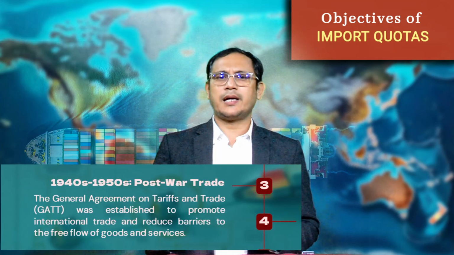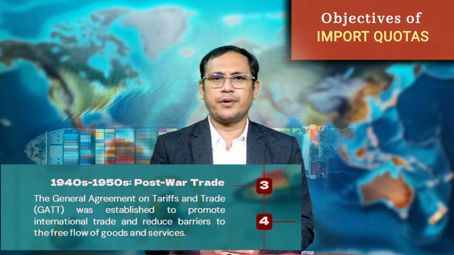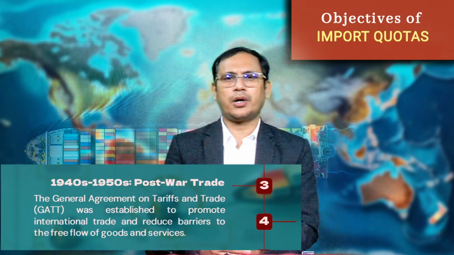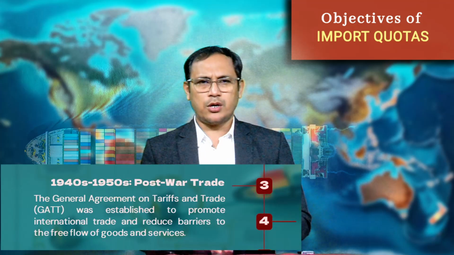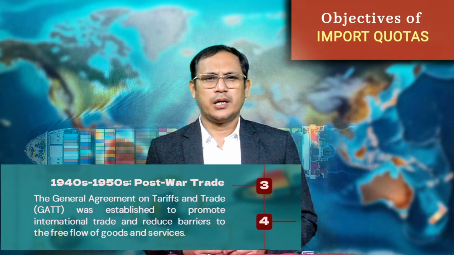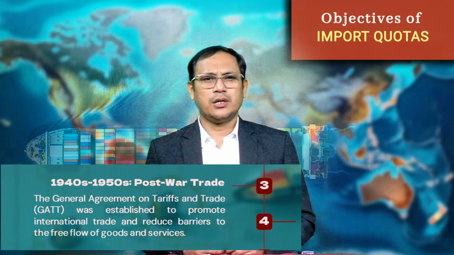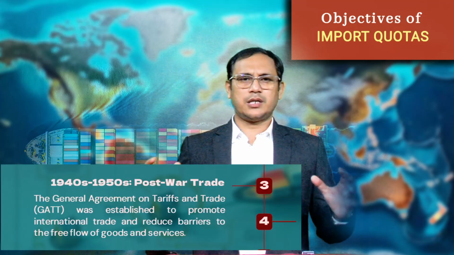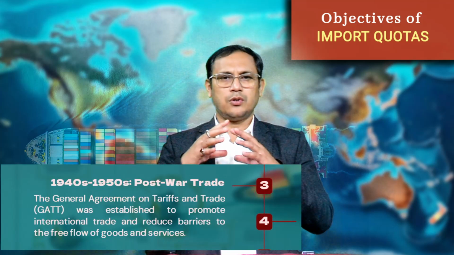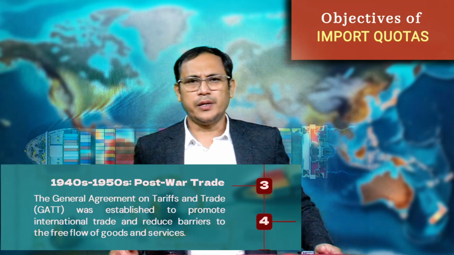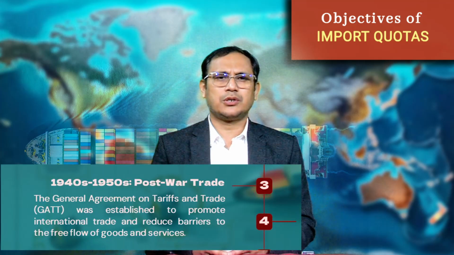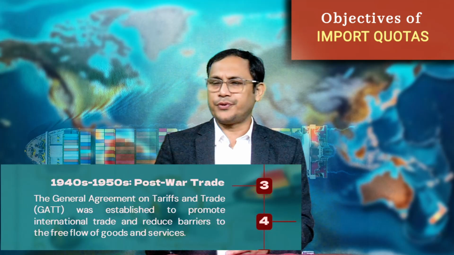It sought to create a multilateral framework where countries could negotiate tariff reductions and other trade restrictions, including quotas, so that the volume of international trade can increase, which will lead to prosperity for all the nations involved in international trade. This agreement called for the reduction of import quotas and tariffs to foster free trade.